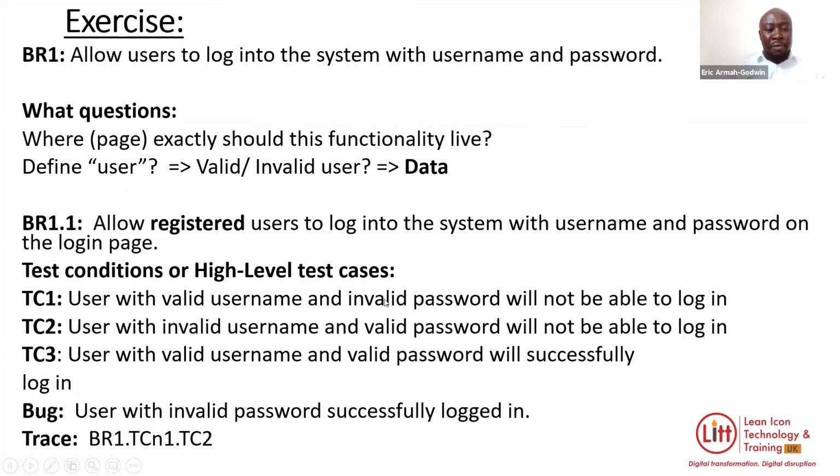User with valid username and invalid password will not be able to log in. That comes from your BR1. So BR1 is what the business requested, but then you break it into smaller chunks of testable features, which becomes a test case for you. Okay. Thank you.